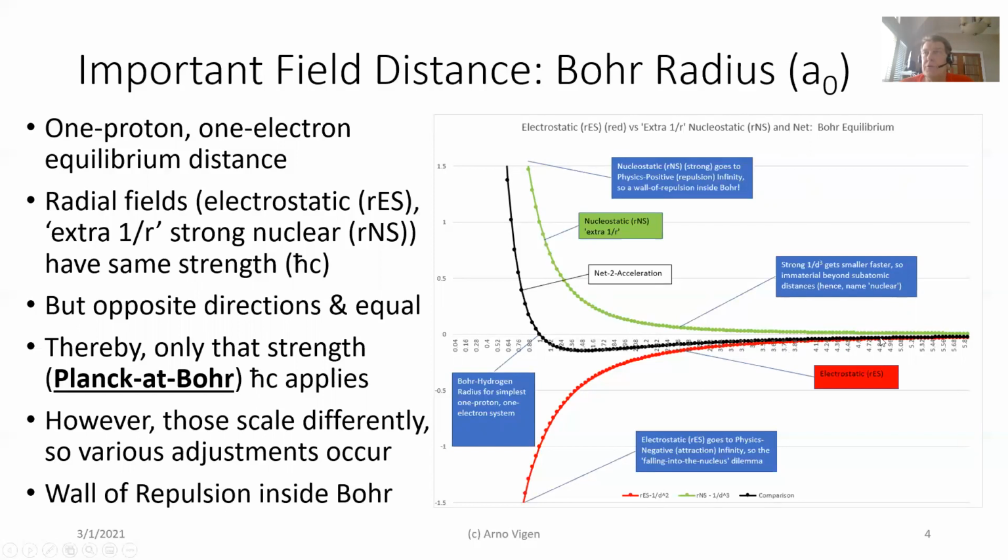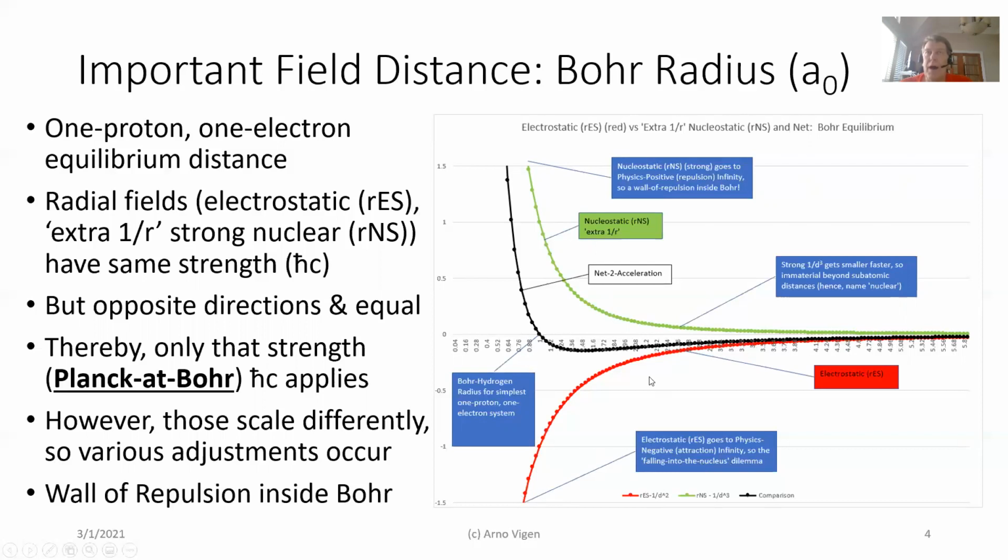As I said, there's an electrostatic force here in red, and that's going to negative infinity. Now this graph is physics positive, meaning the acceleration is positive away from each other, so getting bigger, and physics negative, getting smaller and coming towards each other. This force says basically that problem, the falling into the nucleus dilemma.